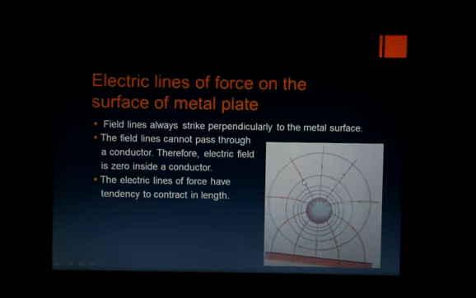Similarly, we have another example. Suppose that a charge plus Q is placed near a metal plate. We all know that metals are good conductors of electricity. Metal means valence electrons, and electrons means negatively charged particles, and when this sphere is brought close to the metallic plate, what happens?